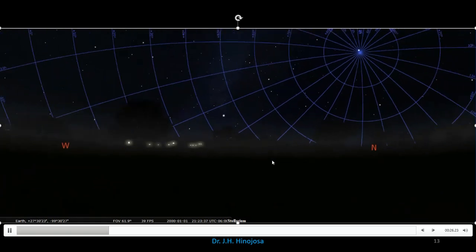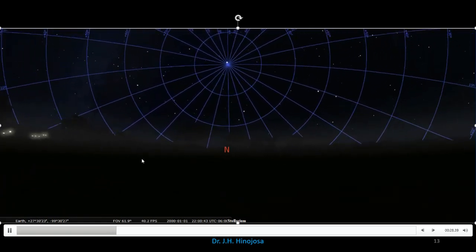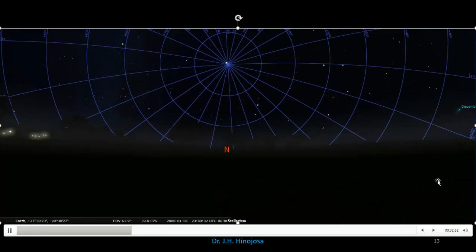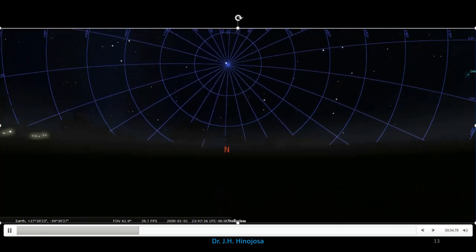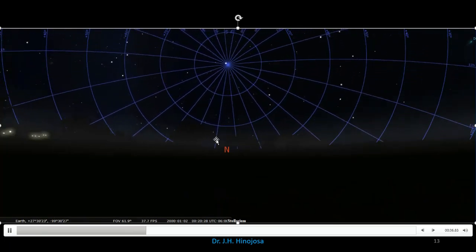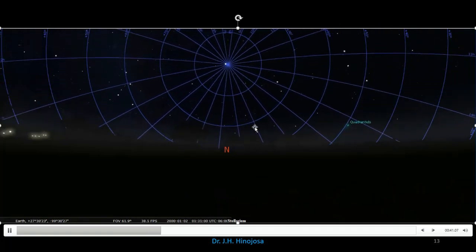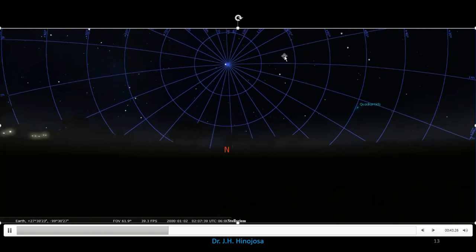As we look toward the northern horizon, we can identify Polaris, and we see that all of the stars above the horizon are the circumpolar stars. They never set.